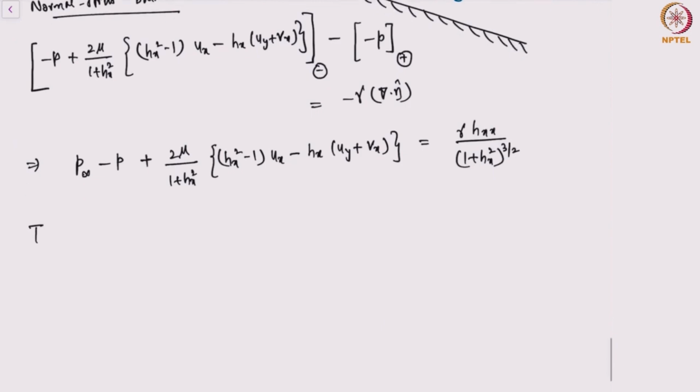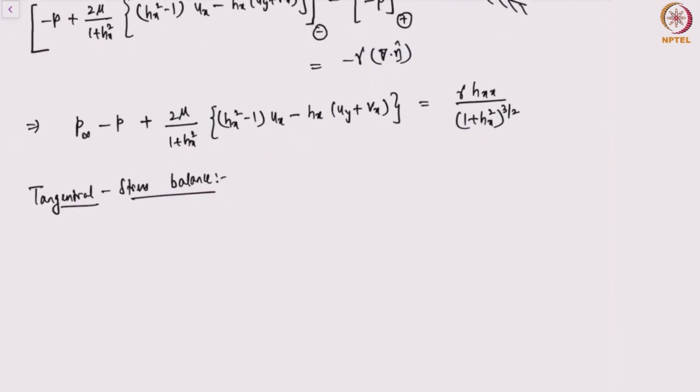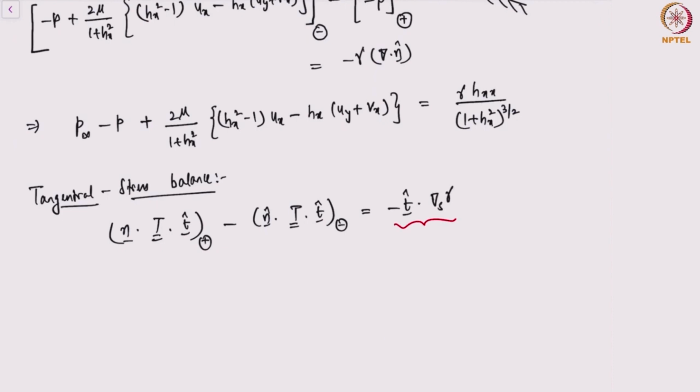And what about the tangent stress balance? The tangent stress balance simply becomes n dot capital T dot t plus minus n dot capital T dot t minus, this will be equal to minus t hat dot del s of gamma. We know the Marangoni stress term is 0 since gamma is constant.